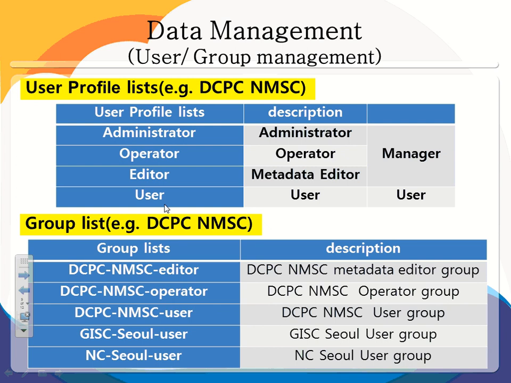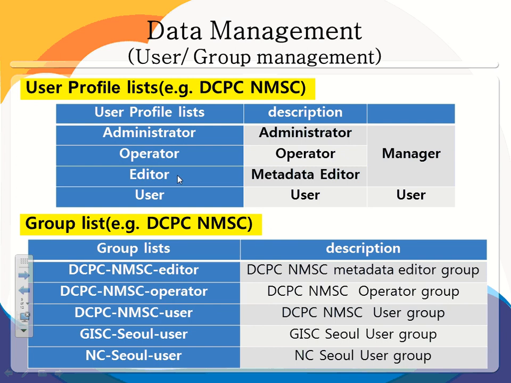The administrator can control users and anything in the National Meteorological Satellite DCPC. The operator is the operator. The editor is the metadata editor. If I want to create metadata, I have to have the privilege to edit the metadata, so I can ask the administrator to grant me the editor privilege.